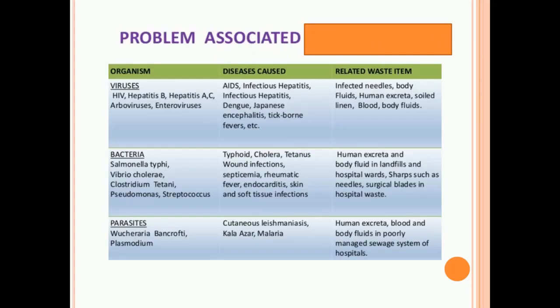Coming to the problems associated, we know most of this biomedical waste will have organisms in it. Coming to some examples highlighted here, a lot of viruses can be present, and these viruses, if present in biomedical waste, can lead to various diseases if not managed properly. A highlight on those diseases has been given there. You can have a look at it, along with the related waste items which can lead to these diseases because of the presence of particular organisms in biomedical waste which was not treated properly.